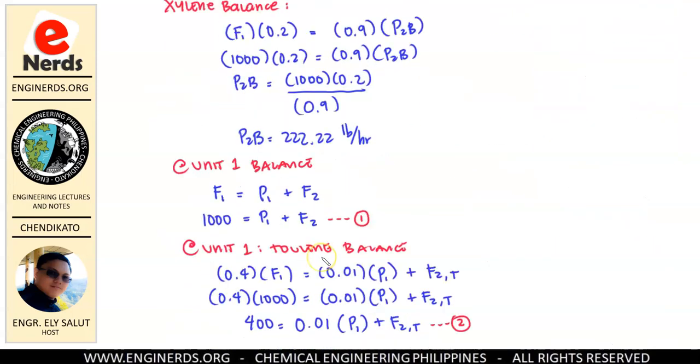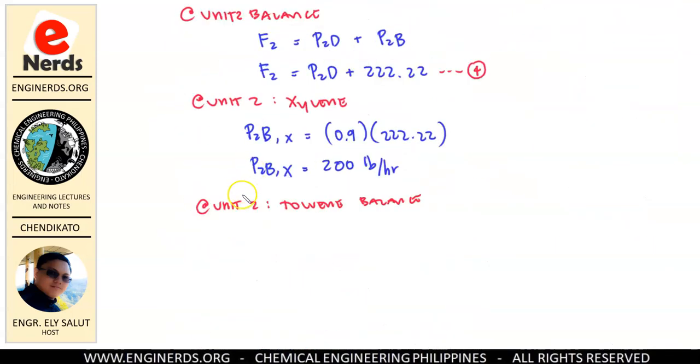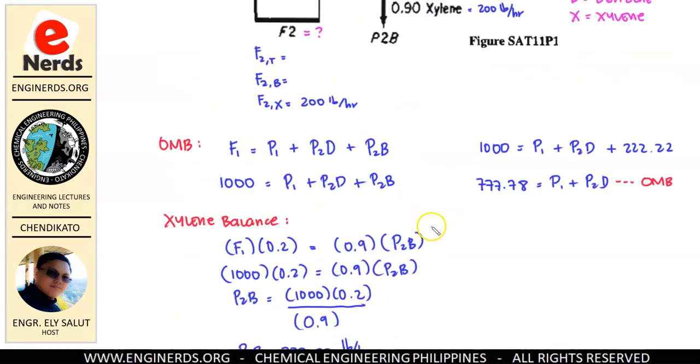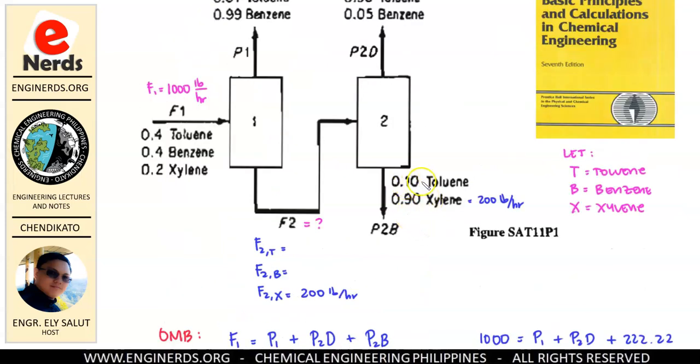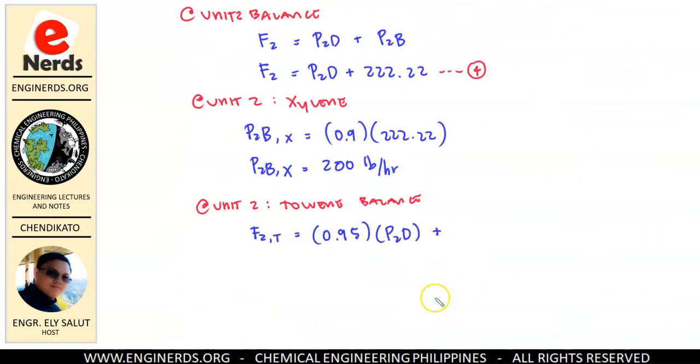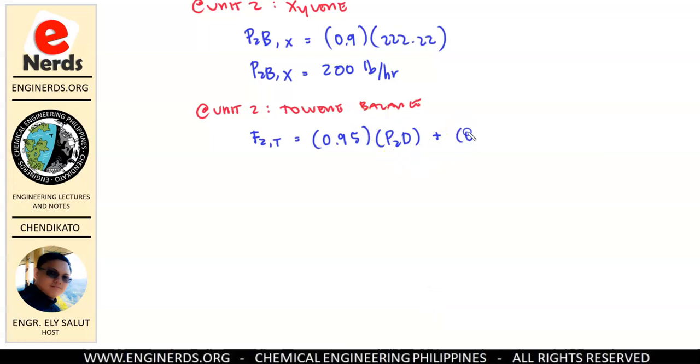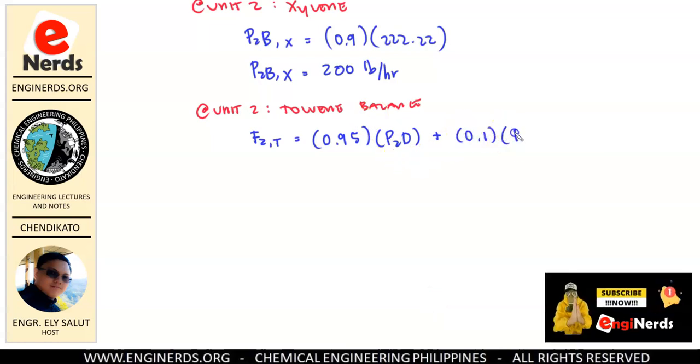Okay, so we have F2T, okay, the toluene in our F2 stream. Then we have 0.95 times P2D plus how much toluene we have in our P2B. So we have 0.1 toluene here, so this will be multiplied to 0.1 of P2B.